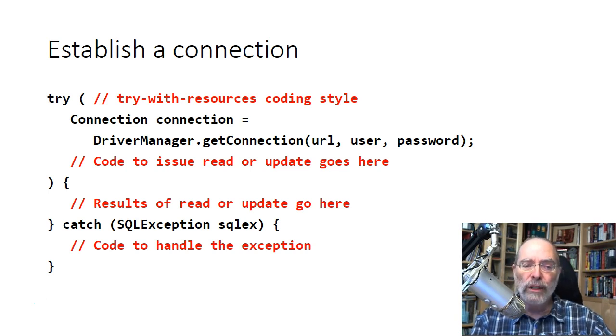The try with resources gives us a block right after the try within parentheses rather than braces. Within the parentheses, we are allowed to initialize, instantiate objects. So we can see here that what I'm instantiating is the driver manager object called connection. And you see I'm passing it the URL, the user, and the password.